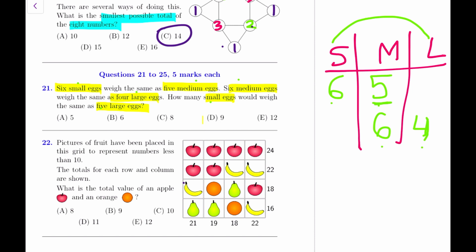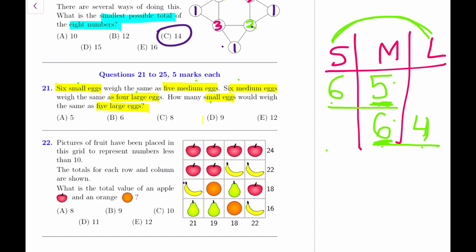If we can get the number here to be the same, then we can develop a relation between small and large. Now, how can I change this number to be the same? What number can it be that I can get this ratio to work out and this ratio to work out so these two numbers are the same?